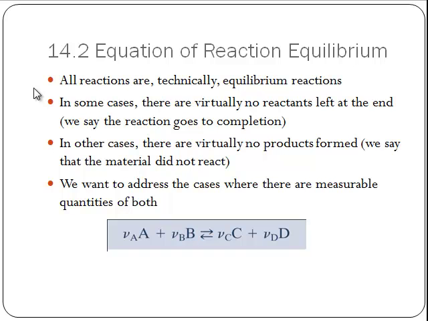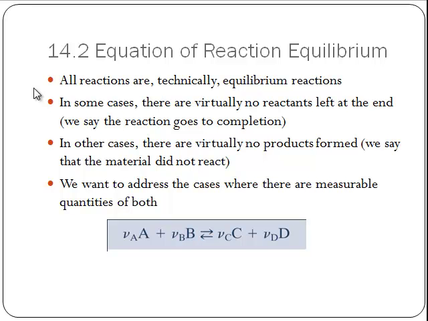So first, let's talk about what reaction equilibrium is. Technically, every reaction is an equilibrium reaction. A lot of times you put some materials together and you wait a while, and at the end you have no reactants left, you have just product, and we would say that the reaction goes to completion.